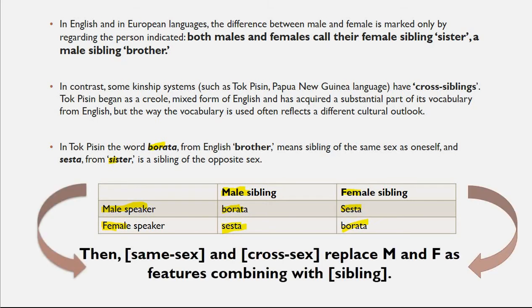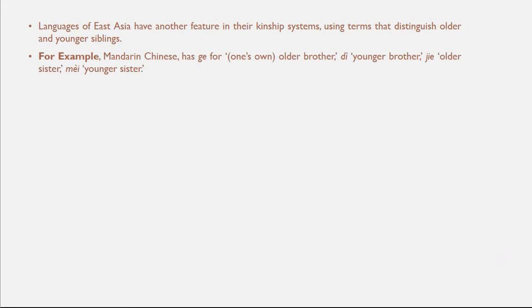Then, same-sex and cross-sex replace male and female as features combining with sibling in this language, different from English and other European languages. And also languages of East Asia have another feature in the kinship systems, like using the terms that distinguish older and younger siblings.